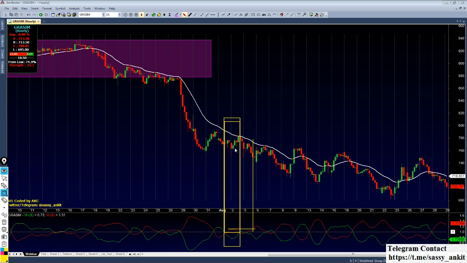Immediately after this, if we start our trade like here, any candle which closes below this, I'll enter. This is my entry, and my stop loss is the last point where my price tested my dynamic resistance, and I'll be in the trade till I'm not getting a close above this.